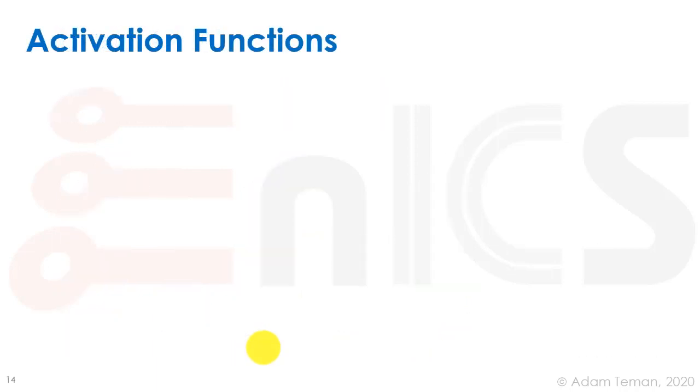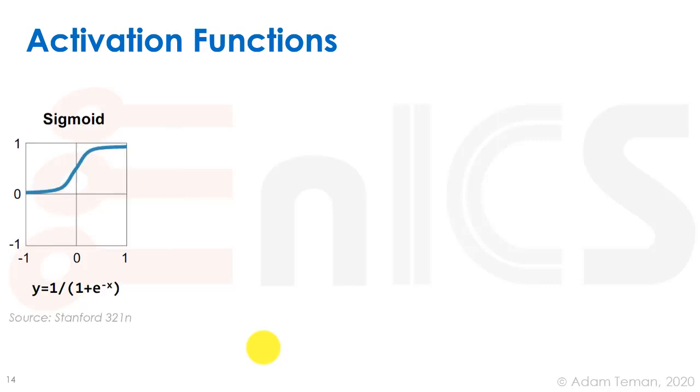So what are these activation functions? The classic activation function was what we called the sigmoid, and it looks like this. It starts at minus infinity and goes to plus infinity, going from 0 to 1 on the y-axis, and it's a nice smooth function that we can differentiate.